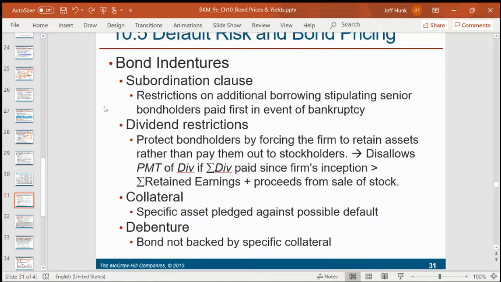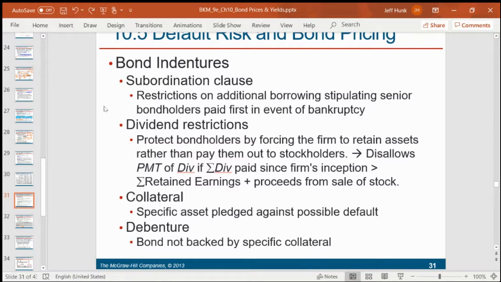There's always a hierarchy. Subordination clause is a restriction on additional borrowing, stipulating senior bondholders are paid first in the event of bankruptcy.